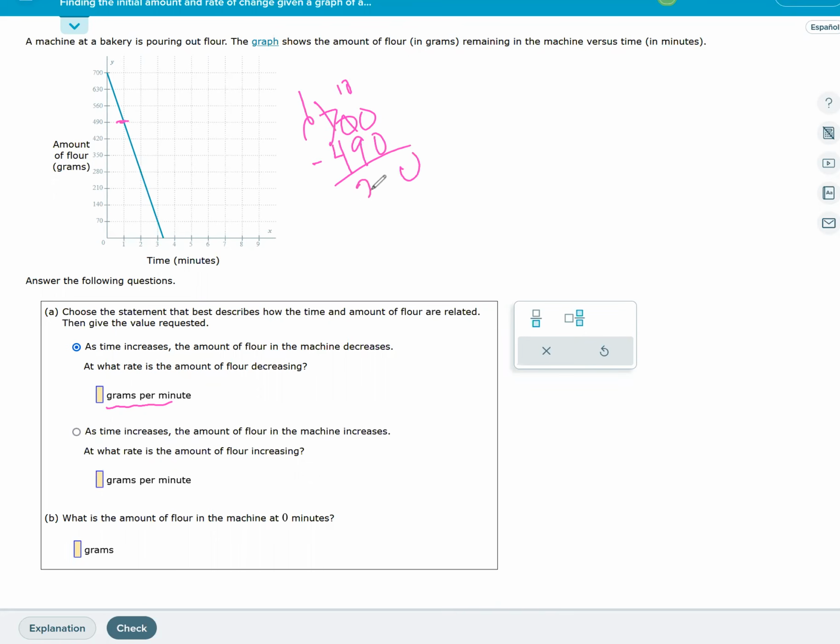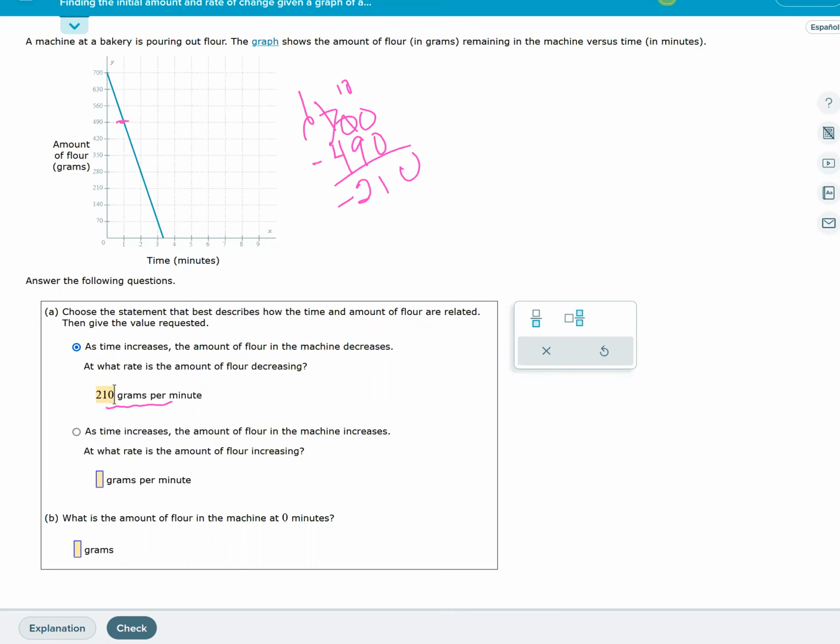So that is 210. And it's negative because it went downhill. So 210 grams every minute. Oh, you know what? We don't have to put a negative sign because we already said it's decreasing. So we'll just put 210. So every minute is decreasing by that amount.